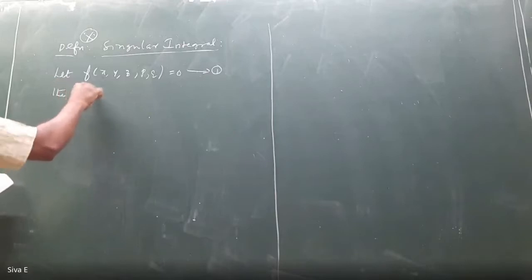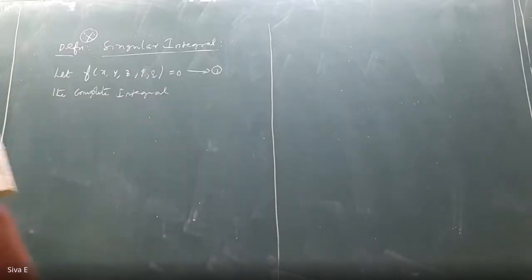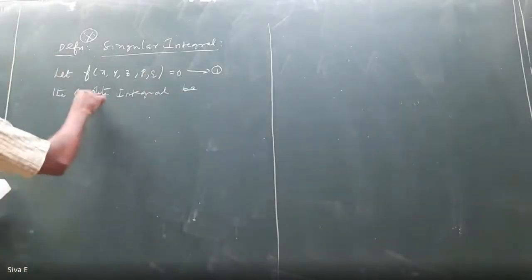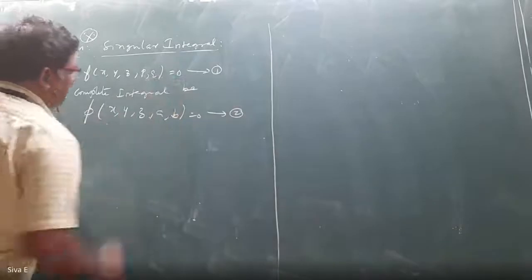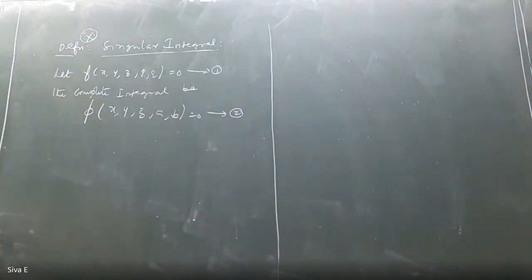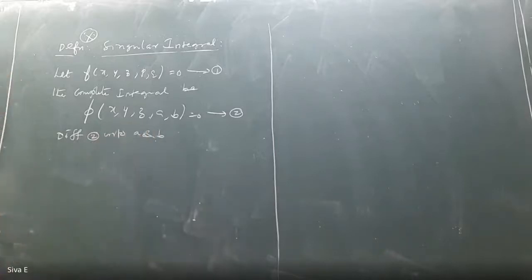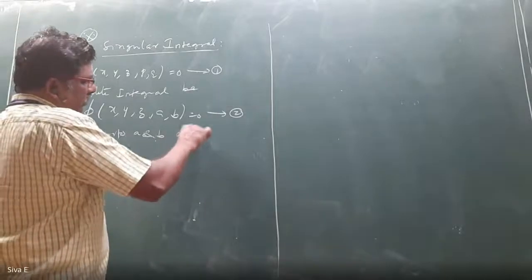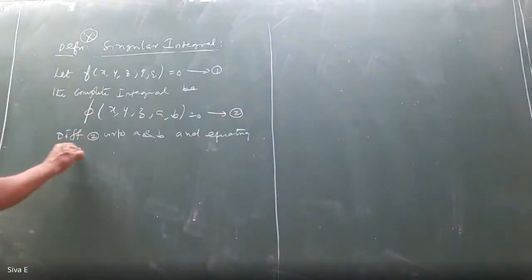The complete integral is phi of x, y, z, comma a, comma b equal to 0, equation 2. Here, differentiate with respect to the arbitrary constants a and b and equate to 0.